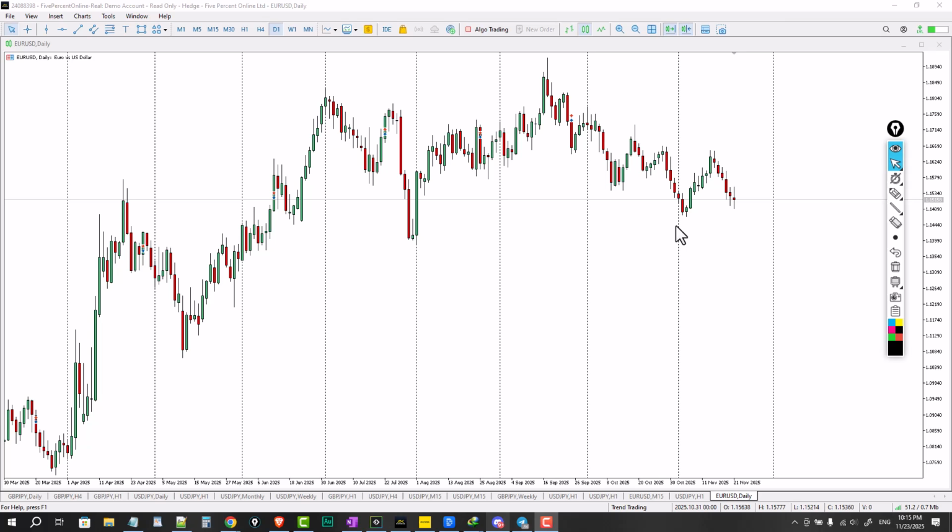Now, even though I'm very vocal about practicing proper risk management as you go about your trading, there are ways to do it. Let me put it this way: there's the right way of doing it and there's the wrong way of doing it.